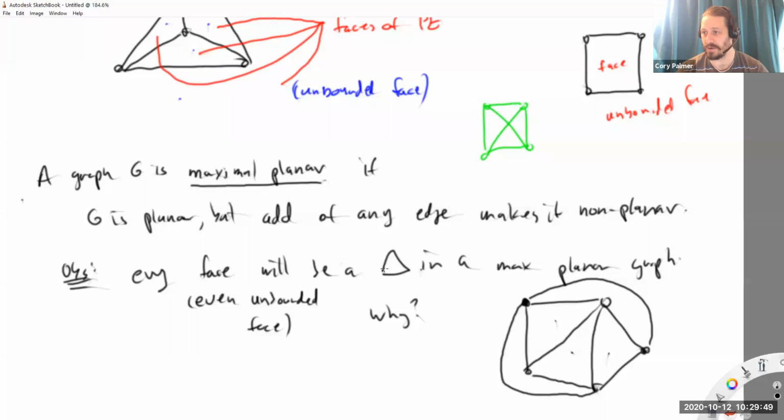Just look for faces that are not triangles and add an edge until you get closer and closer to being what we call triangulated, okay? So that can be handy. Actually, this concept already comes up in topology as well. A triangulation is a thing there. Okay. All right. So yeah, I'll say, i.e., G can be triangulated.